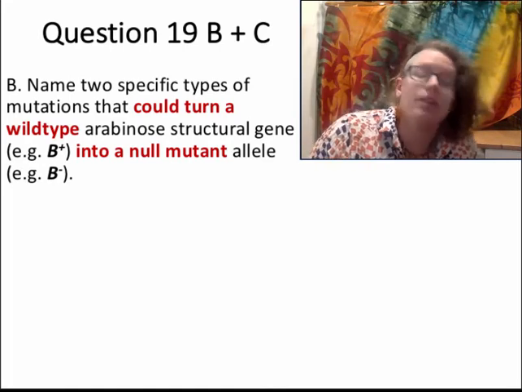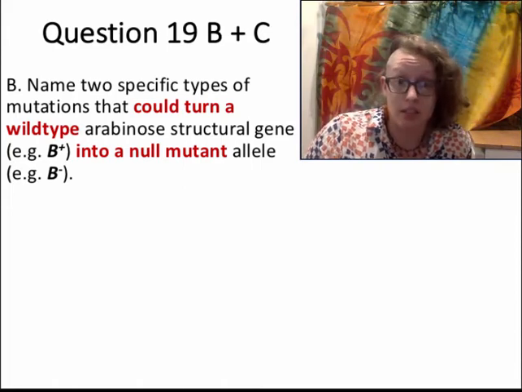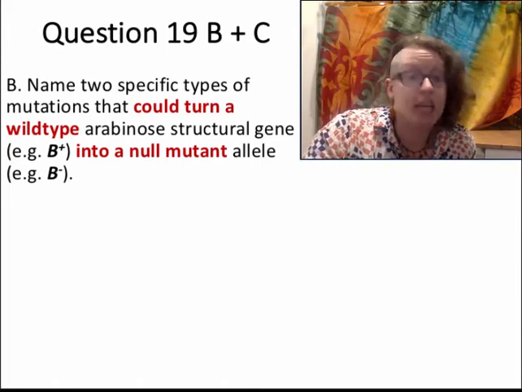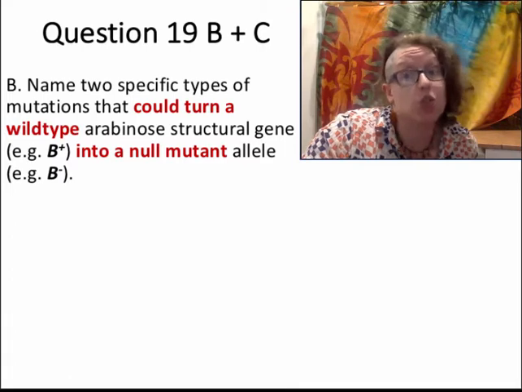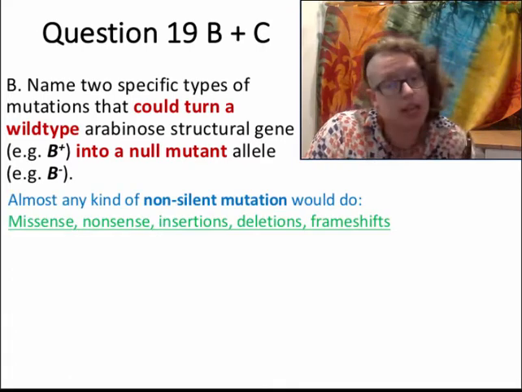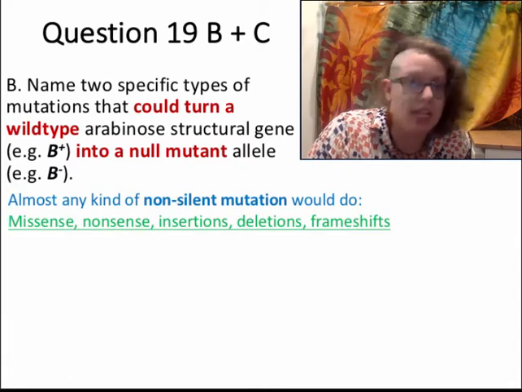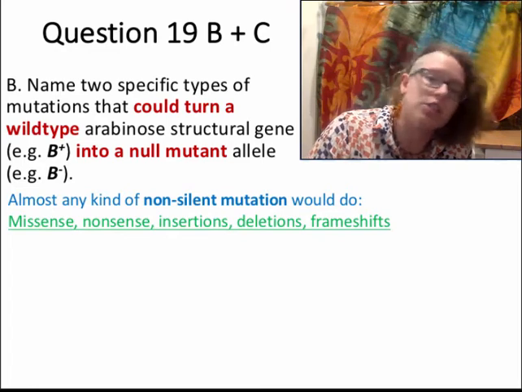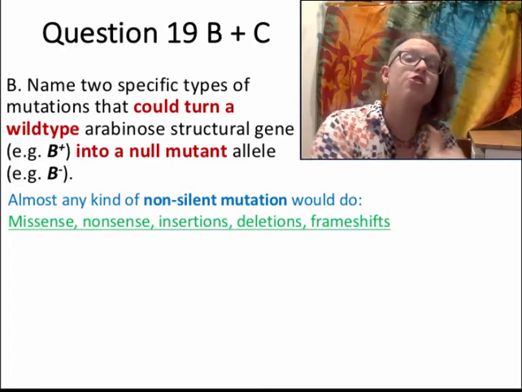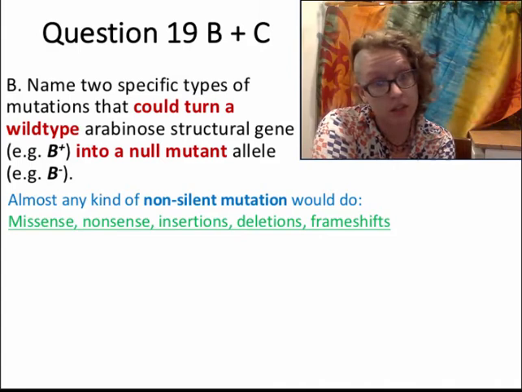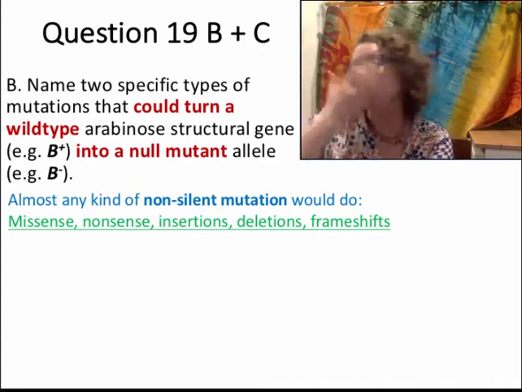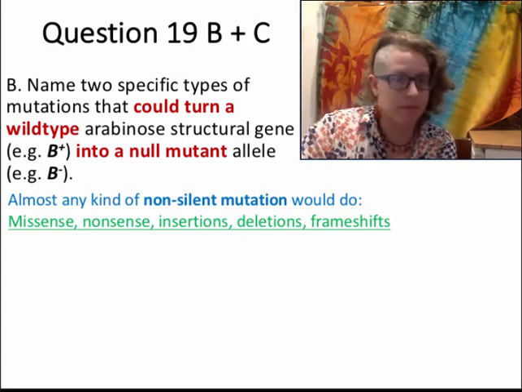In order to do that, you need to understand what a null mutant is. And that's just something that doesn't work, does not make a functional protein. Almost any non-silent mutation would do. There's missense and nonsense and insertions and deletions and frameshifts. So as long as you can justify it in C, then you can say it in B.